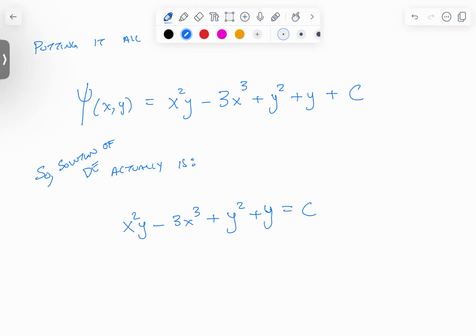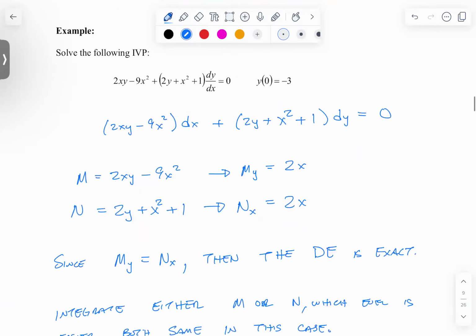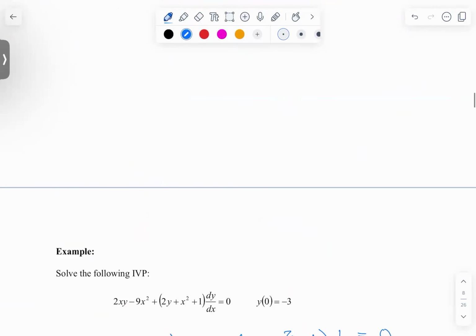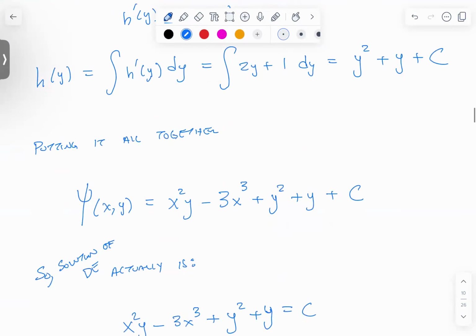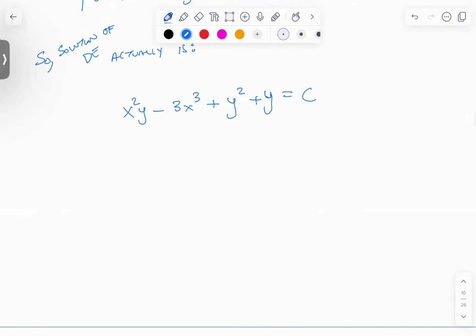Then our very last step, we had an initial condition, y of 0 equals -3. But that's the heavy lifting, basically.